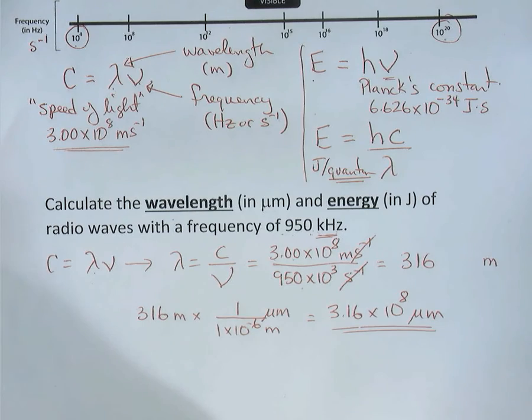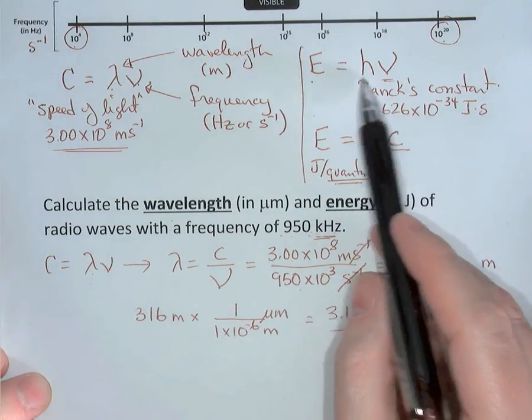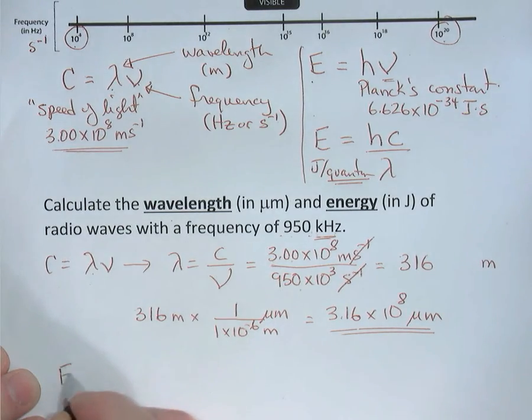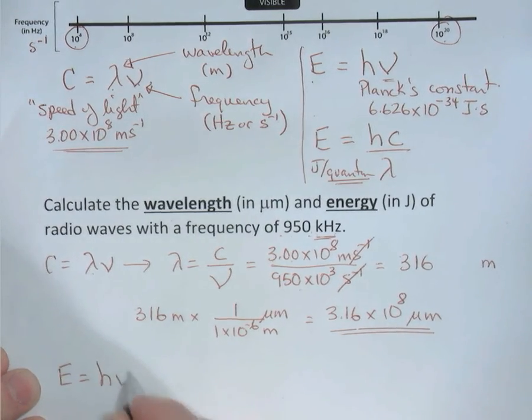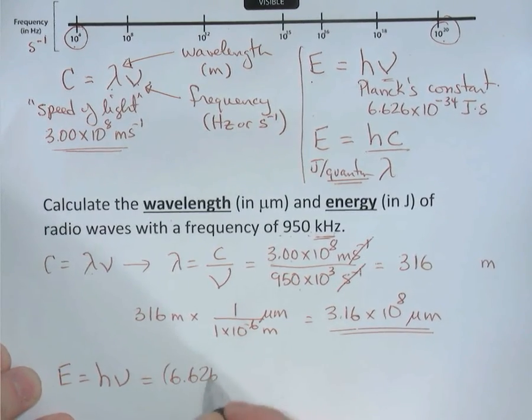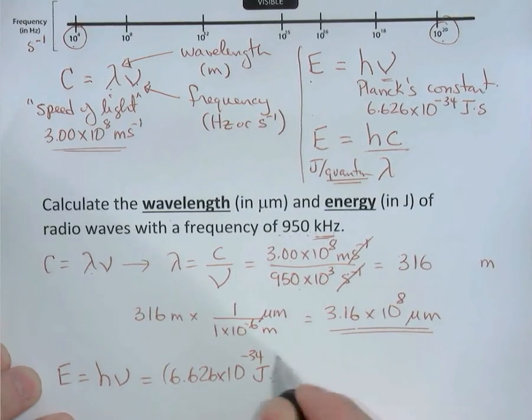Now we also wanted to know the energy of these radio waves. Well, to do that, I'm going to use Planck's equation from above, and I'll use the E equals h nu form since we were given the frequency. So E equals h nu equals 6.626 times 10 to the minus 34 joule seconds.